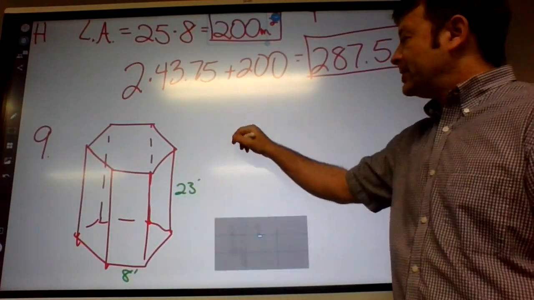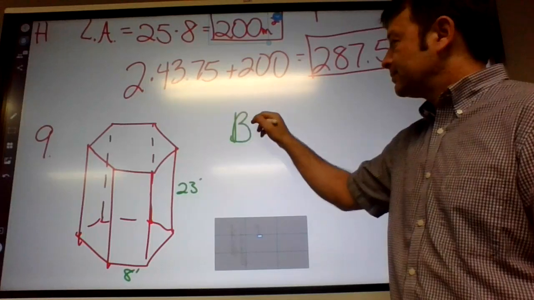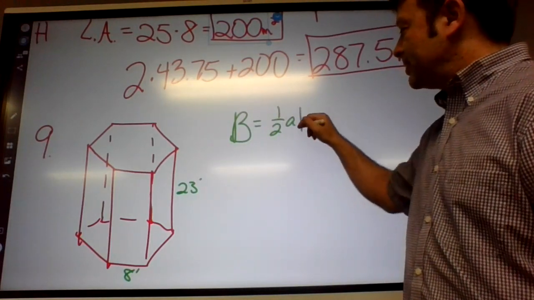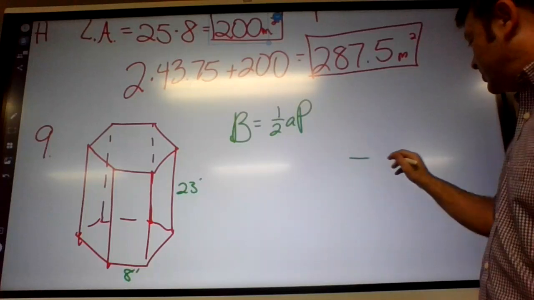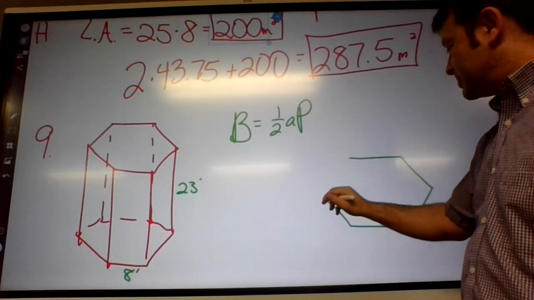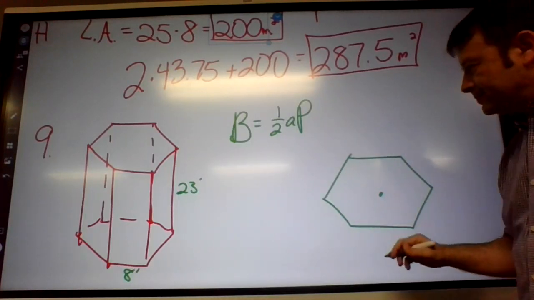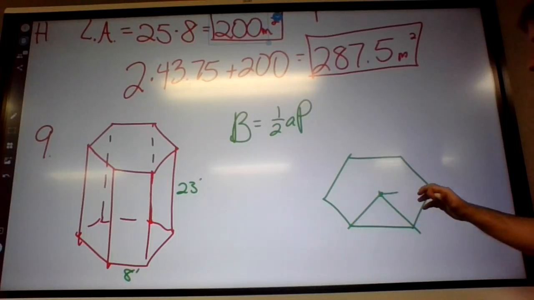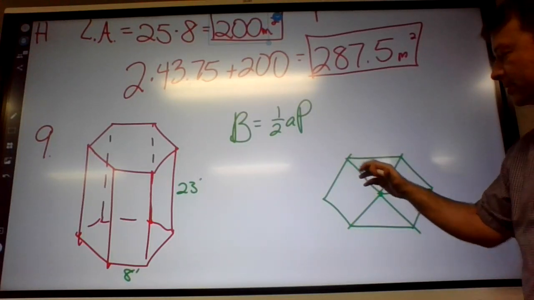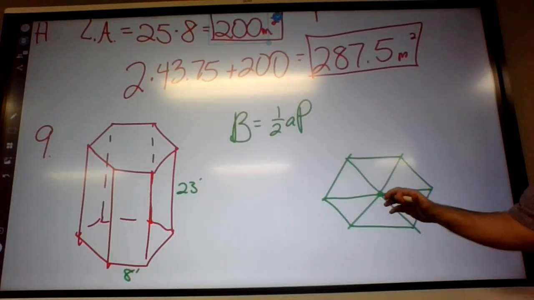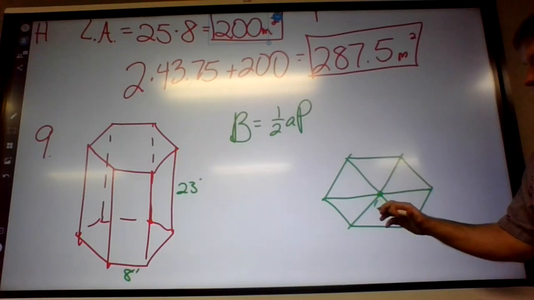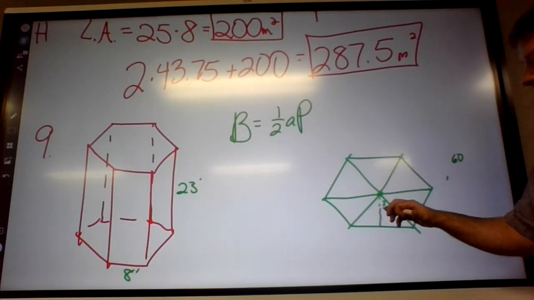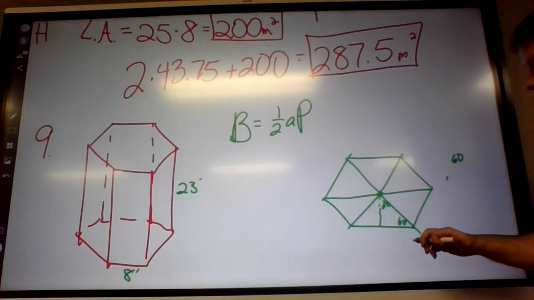So I'm going to start off with the base area again. The base area, remember, is 1/2 times apothem times perimeter. The problem on this one is they did not tell us the apothem, so I'm going to have to use a trick here. If I have a regular hexagon, I split it like that. 360 divided by 6 is 60. Then if I draw the apothem in there, that would make this 30. 30, 60, 90.